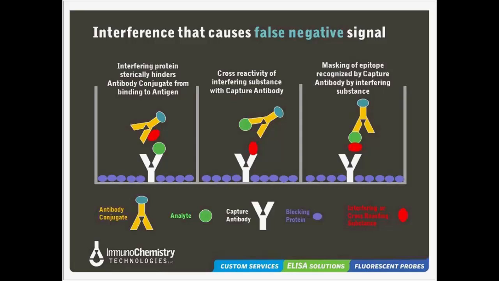And when it sits there, it blocks the epitopes on your target, and you essentially don't get the signal you should. So I ran into this at a prior job on a couple occasions where they didn't know there were soluble receptors, and lo and behold, there were, and then we had to get creative with our assay diluent to try to disrupt that, and you can do that.